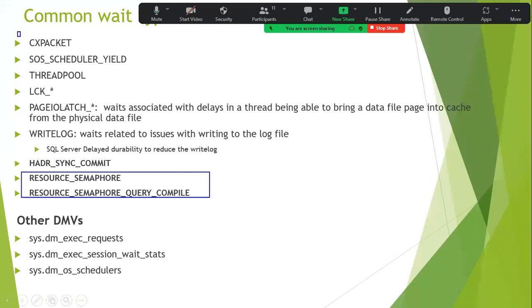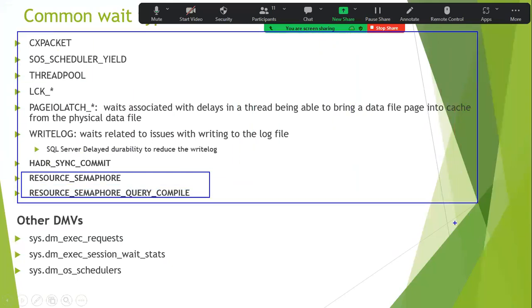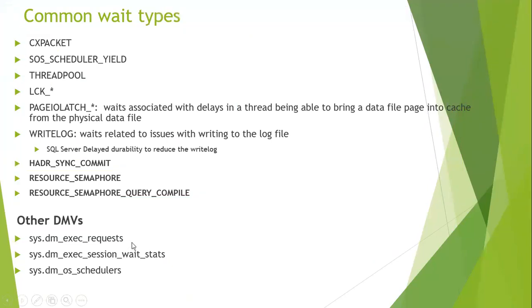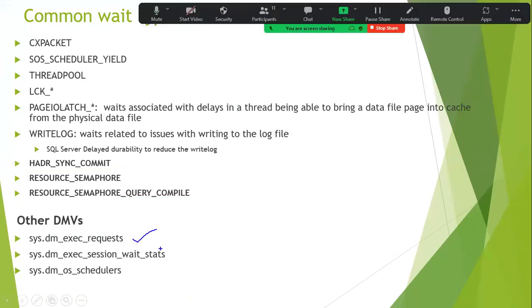But all these wait types that you see here, you will get from sys.dm_exec_requests or sys.sysprocesses, anything. Mostly I look at sys.sysprocesses and sys.dm_exec_requests. Starting from 2016, we have sys.dm_exec_session_wait_stats, right?